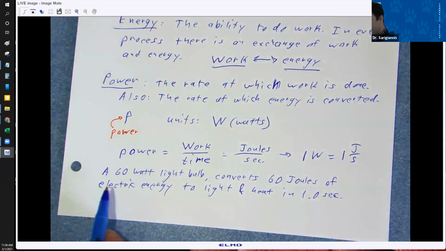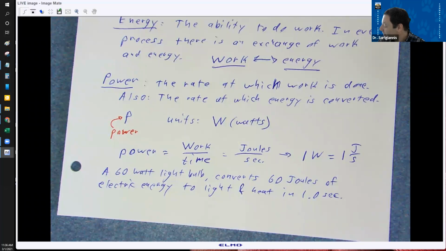So that's what watts means in the context of energy conversion. If I tell you something is 100 watts, it's converting 100 joules per second of energy into something. In the case of a light bulb, you convert that electric energy into light and heat.